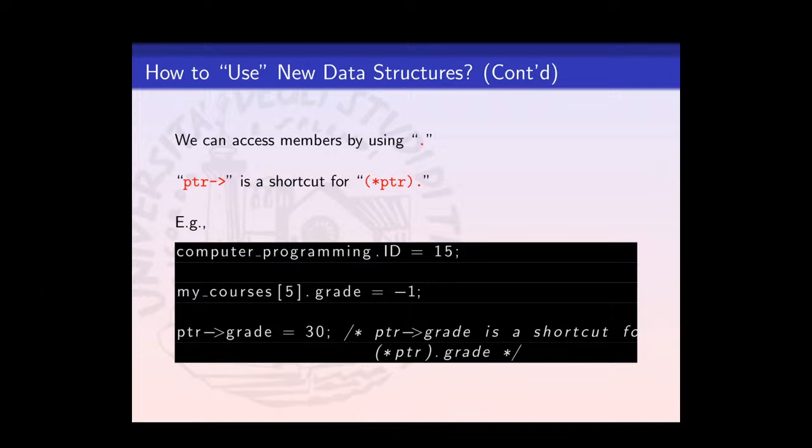Okay? So to assign it, we can simply write computer programming dot ID equal 15. So I'm assigning a value 15 to the member ID of the instance of struct course_t, which is contained by the variable computer programming.